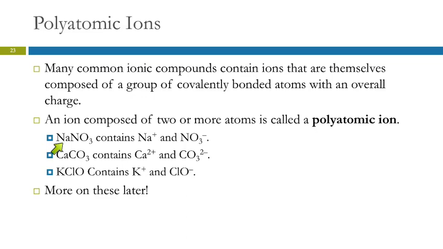So the metal is the cation, and all of the nonmetals together are the other ion. And we're going to learn more about them later. But we should recognize this as what ion? Nitrate. Actually all three of those were on the list of things to memorize, right? So nitrate, carbonate, hypochlorite.